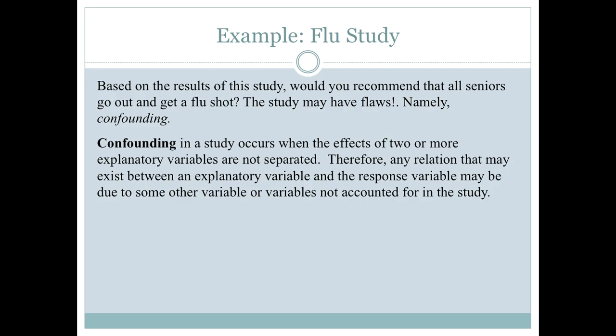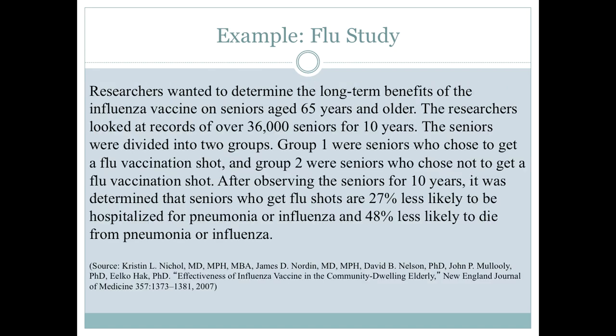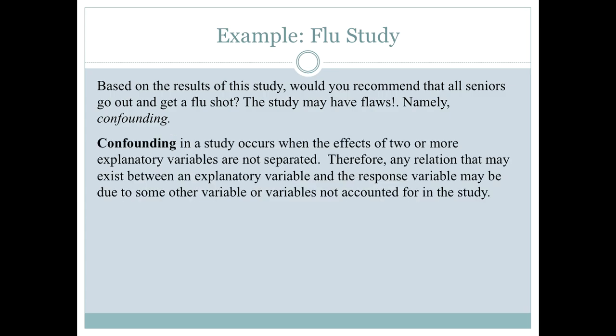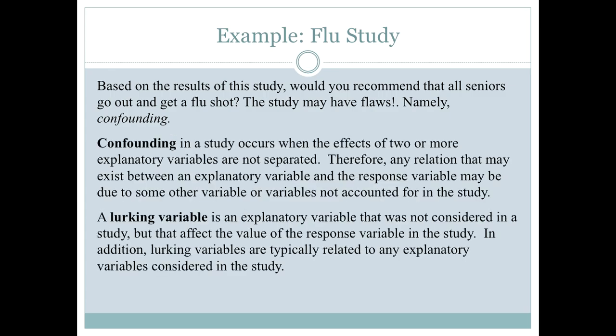So for example, there could be things in this particular study that have affected whether or not a senior gets the flu vaccine, and also affected whether or not they get pneumonia or the flu in the future. They didn't account for all of these things, okay? So confounding is an issue in this particular case.